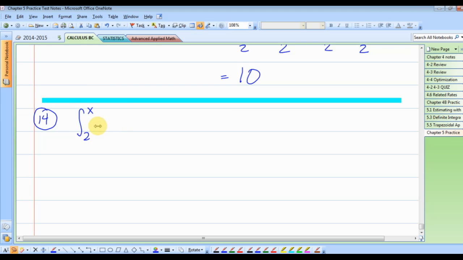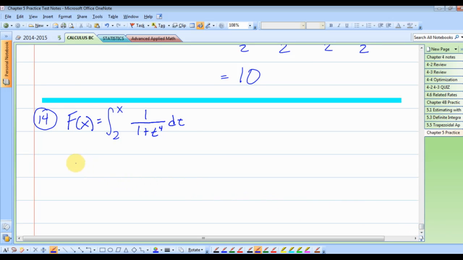Consider f of x equals the integral from 2 to x of 1 plus t to the 4th dt. We're supposed to find f prime of x and then f prime of 2.